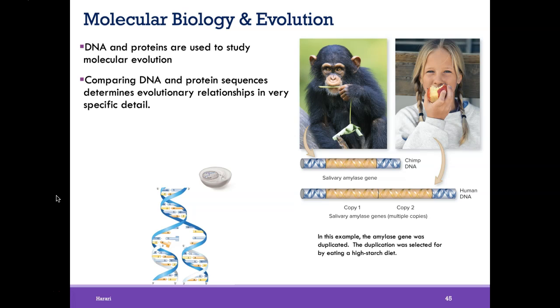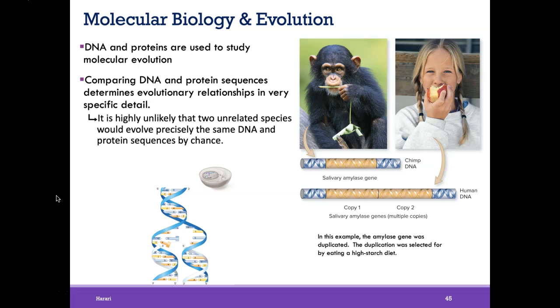Comparing DNA and protein sequences can determine evolutionary relationships in very specific detail. It is very highly unlikely that two unrelated species would evolve exactly the same DNA and protein sequences just by chance. You would imagine that they have a common ancestor.